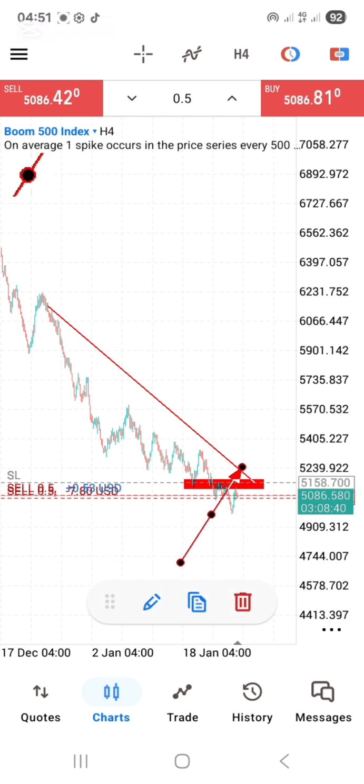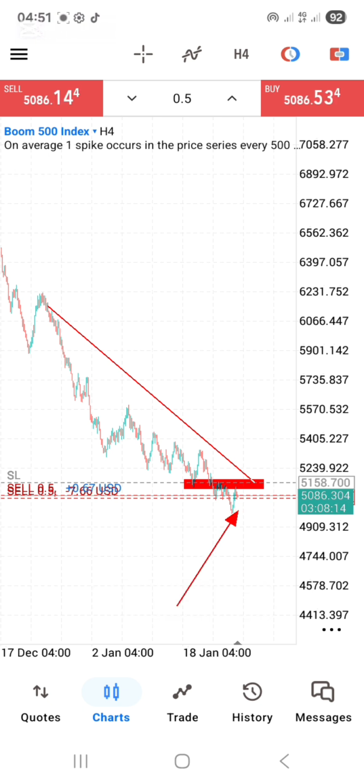If it's able to break this zone successfully, it means that it has broken structure. But with the current look of the market right now, it has not broken structure. That structure is still intact, giving us a series of lower highs and lower lows. That is what I'm currently seeing on Boom 500, and these are my trades for now.